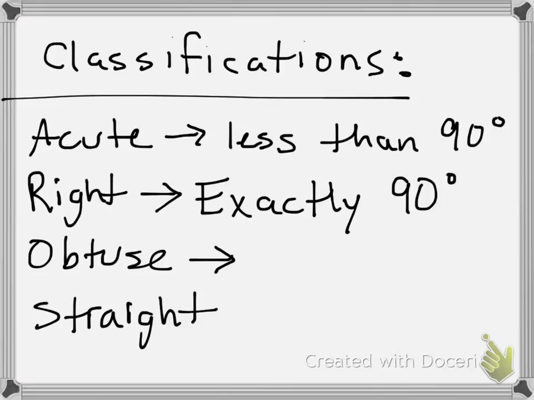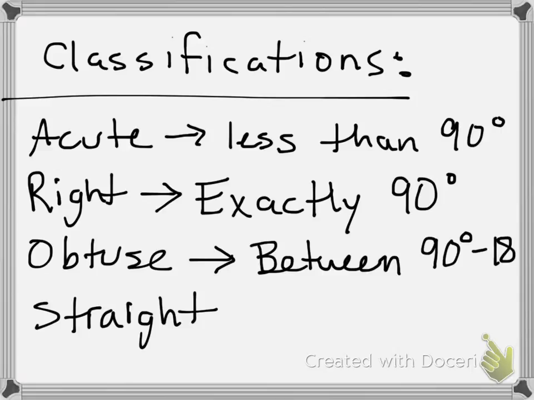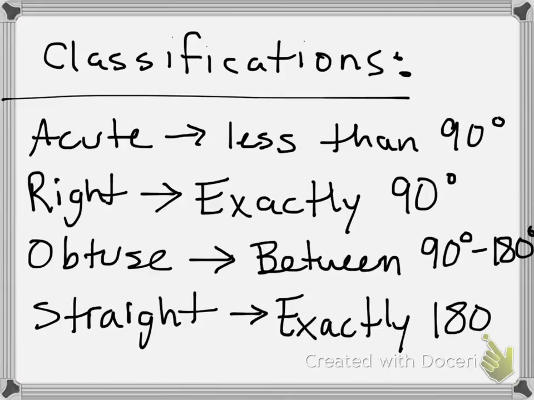Obtuse is between 90 and 180, understanding the fact that it actually has to be greater than 90 but less than 180. And then finally, a straight angle is exactly 180.